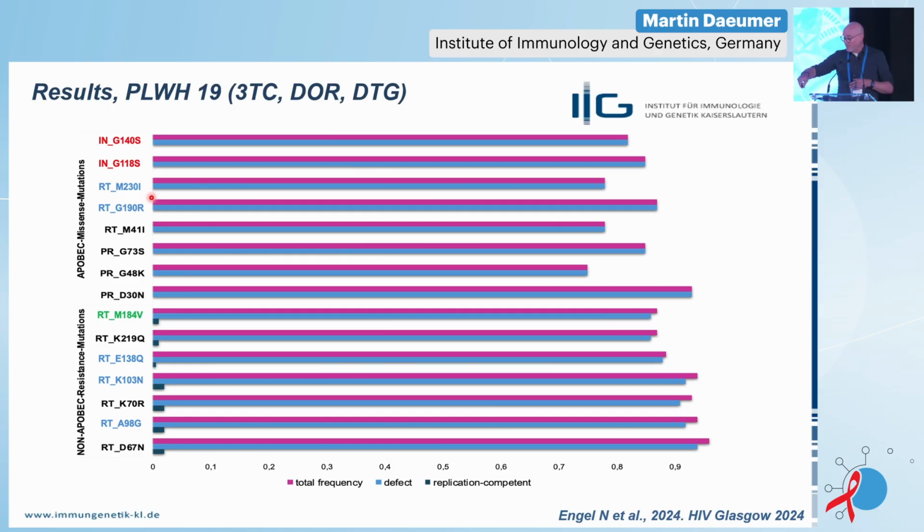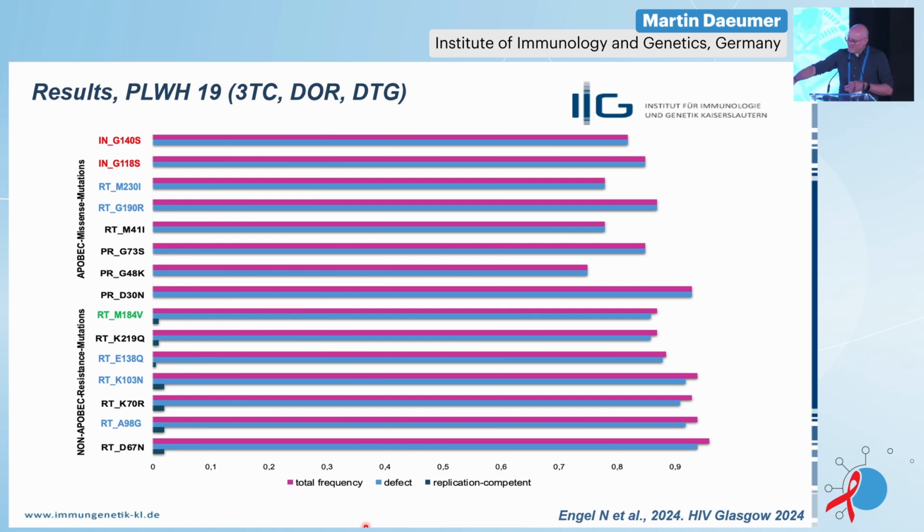There are some NNRTI mutations, typically at position 230, G190R, E138, and K103N. All in all, you may interpret this as the patient being with his treatment right now at the cutting edge of a sufficient treatment.